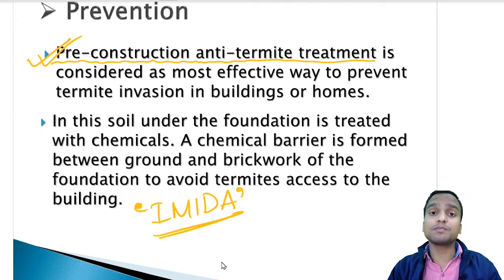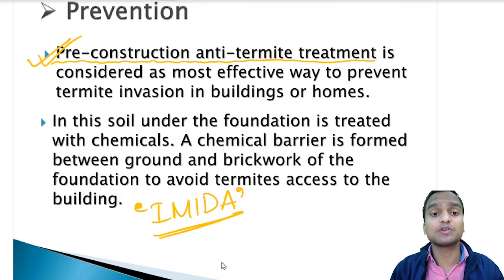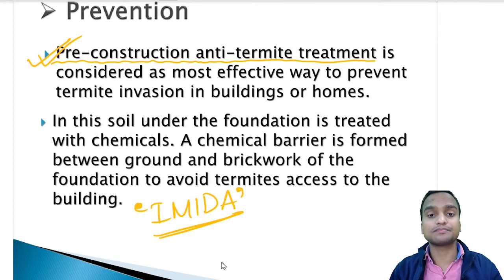This pipe distributes the chemical through all these pipes beneath the structure, and they transfer the chemical to the soil through the perforated holes, and that forms a chemical barrier through which the entire structure is protected.